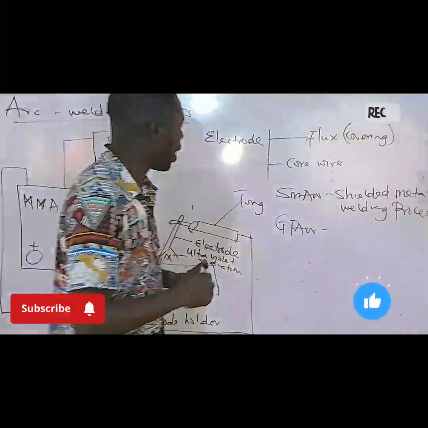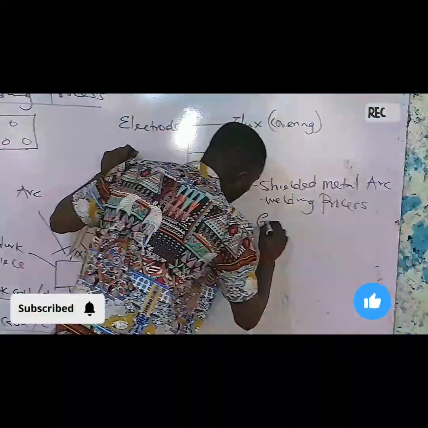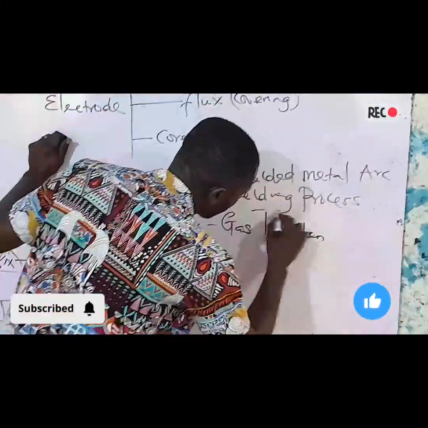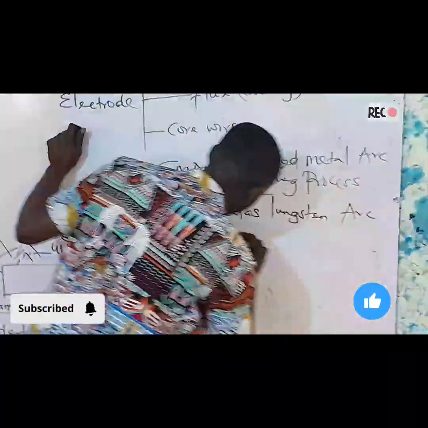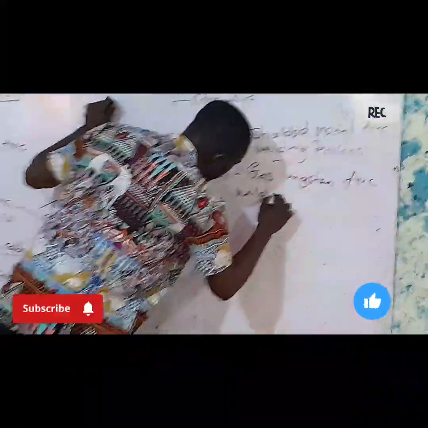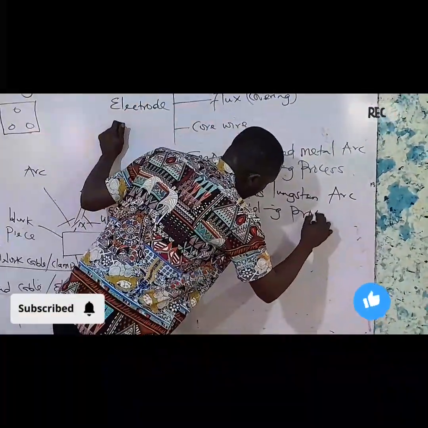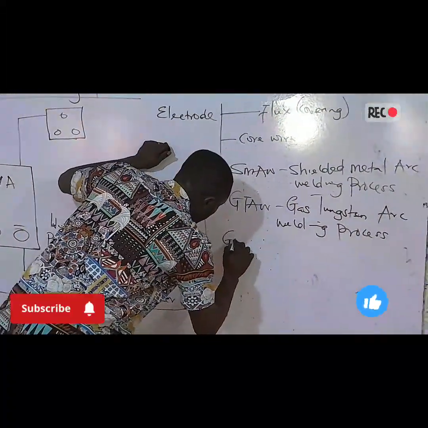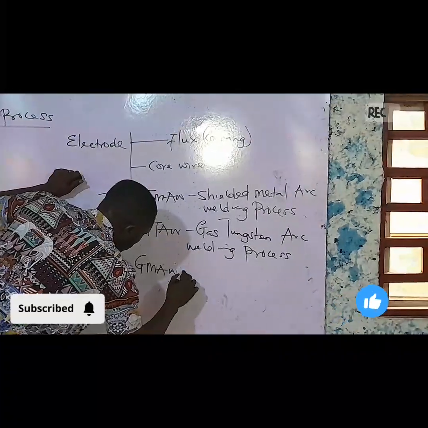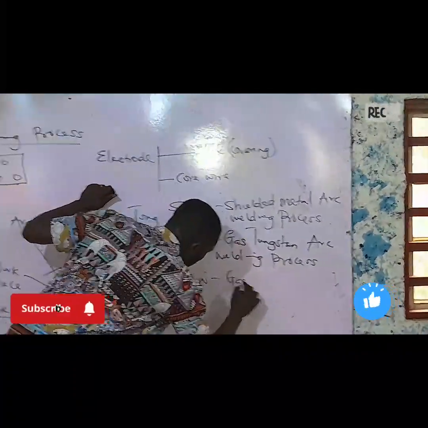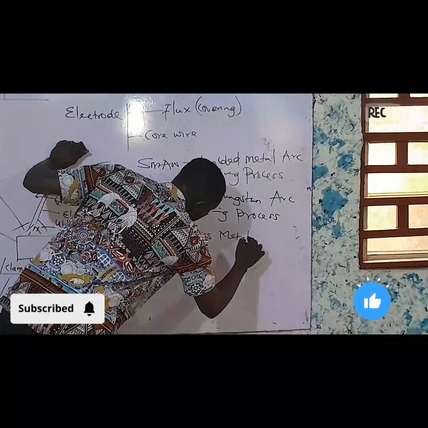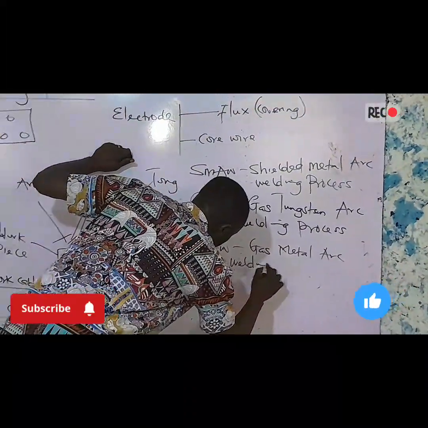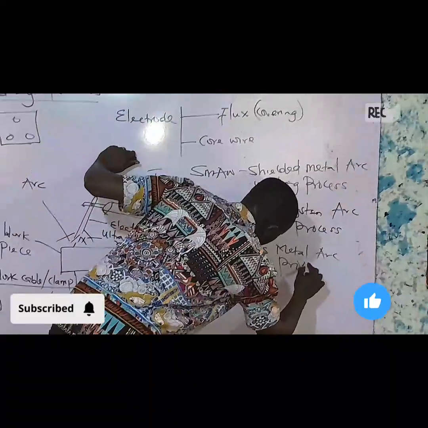So let's go ahead. We have GTAW, the gas tungsten arc welding process. We have the GMAW, which is the gas metal arc welding process.